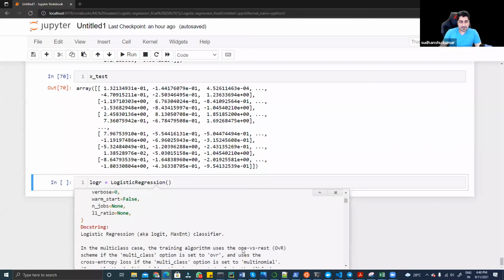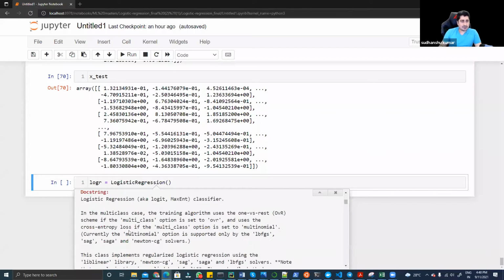This is what it says. It uses the cross entropy loss if the multi-class option is set to multinomial. Currently the multinomial option is supported only by LBFGS.